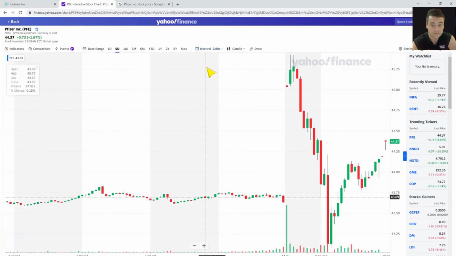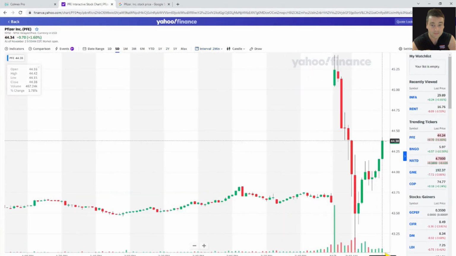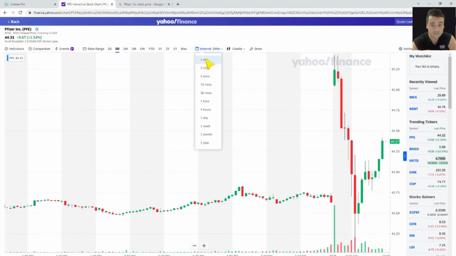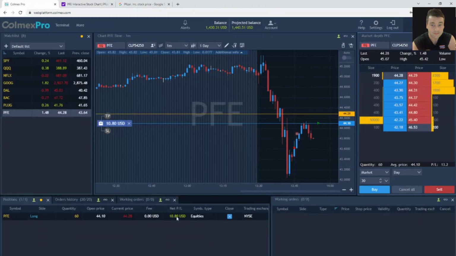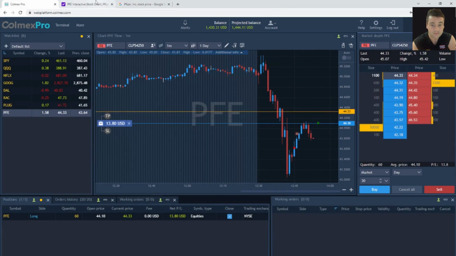We can change it to 2 minutes just to see these bars here. You see all green. This is good volume here. It means all green, people are buying. Okay, 44.29. It went up there to $13 in profit.